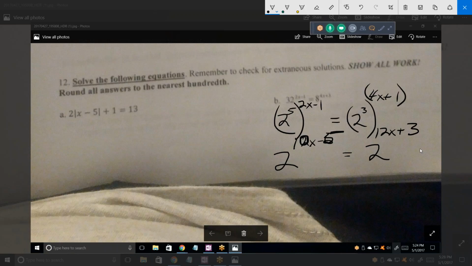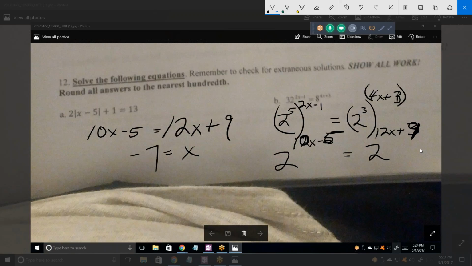It's a little blurry, but it's supposed to say 4x plus 3 to the power of it. Okay, then it is. And now because I have the same base, I can equate the exponents, and I trust you can solve that easily. It gives you x equals minus 7.